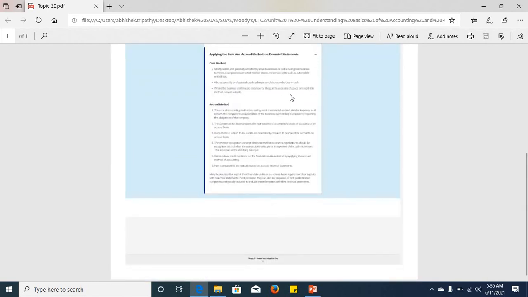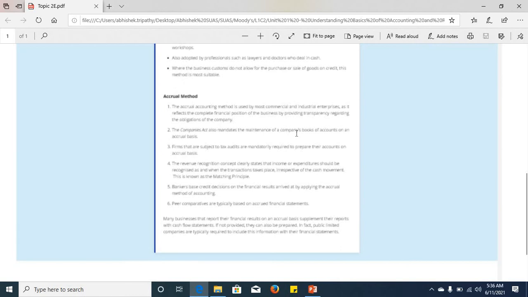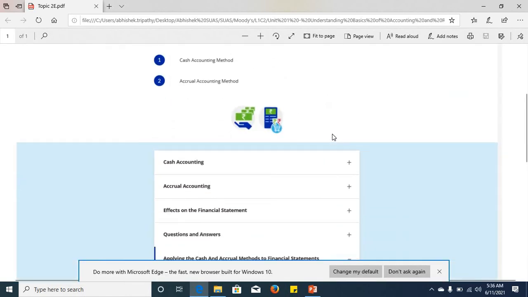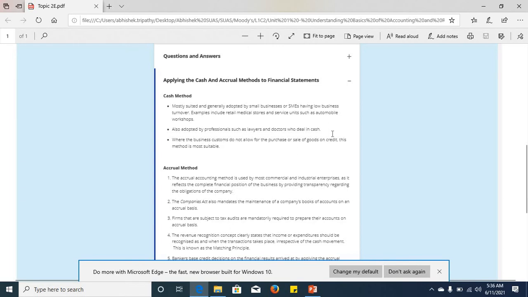Now, applying the cash and accrual method to financial statements. Cash method is mostly suited and generally adopted by small businesses or SMEs having low business turnover.